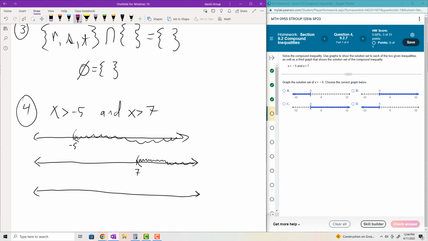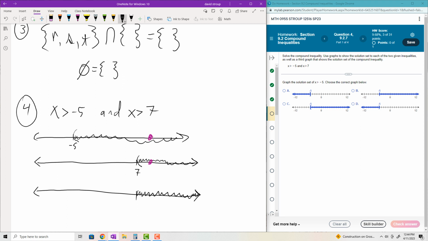Okay, so for instance, this number and this number are both in the same set. So it's kind of like you take one and put it over top of the other and see where the overlay is, right? Where do they overlap is the way you'll think of it. So in this case, it's going to be everything beyond 7.